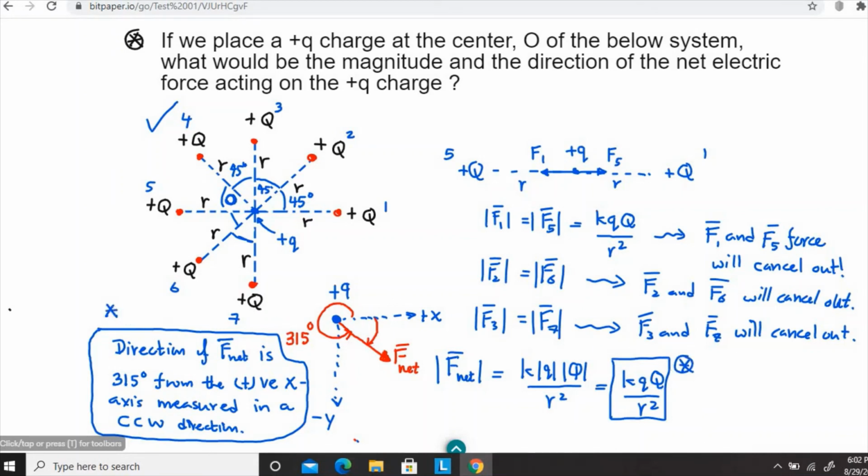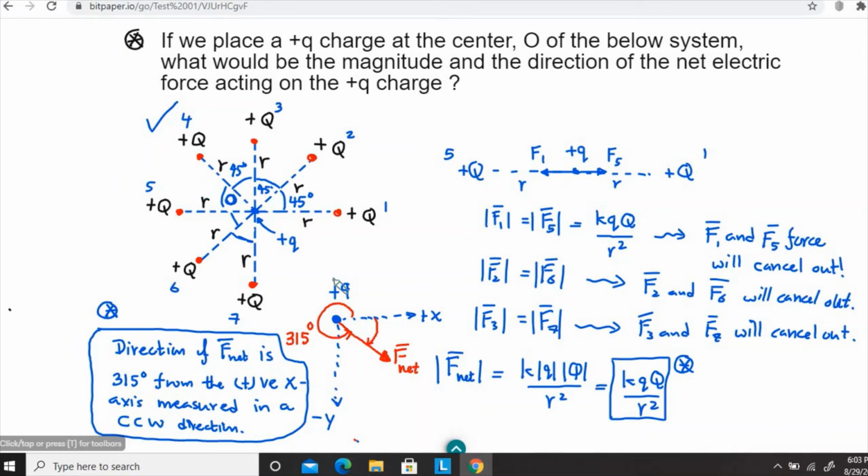So even though this problem looks complicated because of the larger number of charges, due to symmetry, some of the forces from these charges cancel out. As I showed you, F1, F5 cancels out, F2 and F6 cancels out. Similarly, F3 and F7 cancels out. The only force is from the charge that is unpaired.